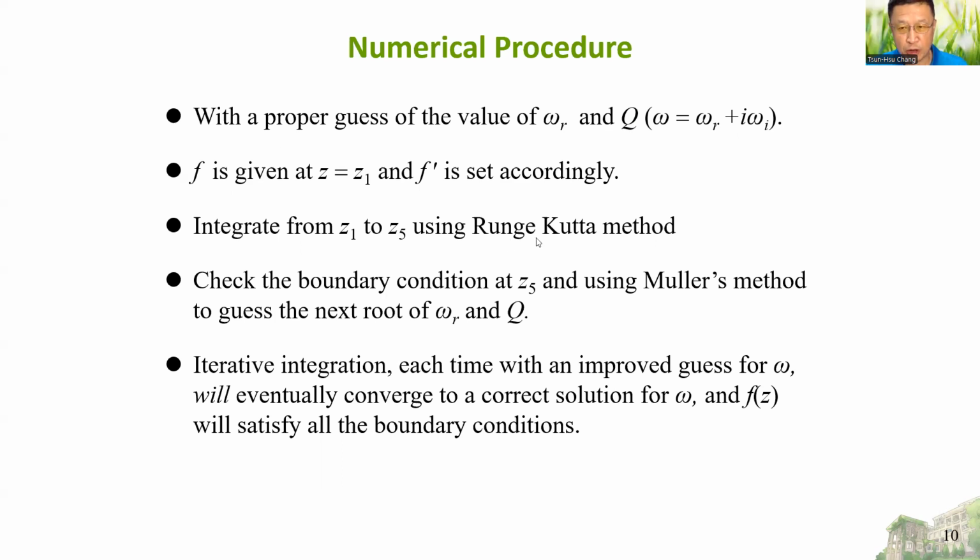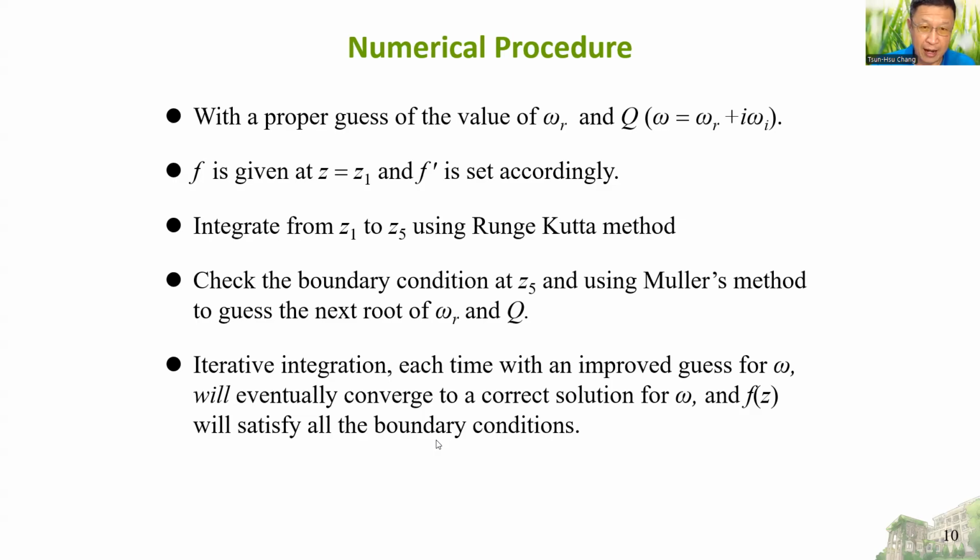So using the Runge-Kutta method, we then check the boundary condition at Z5 using Muller's method, and guess the next root of omega R and Q, and then do the iterative integration, each time with an improved guess for omega, and will eventually converge to a correct solution for omega. And f of z will satisfy all the boundary conditions.